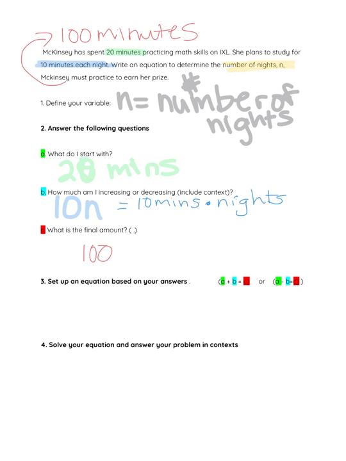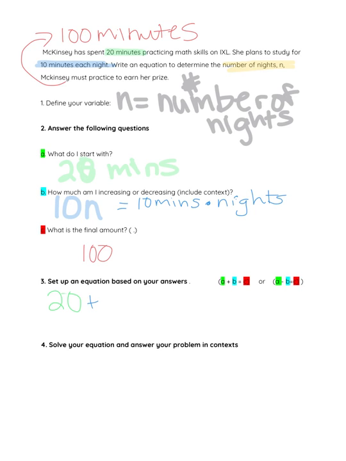Now my next step is I'm going to put this all together. So I'm an increase, so I'm A plus B equals C. I start with my A, which is my starting amount. My A is 20 minutes, so I'm going to put a 20 in. Next, I look at my B. B is 10 minutes per night, so 10N.